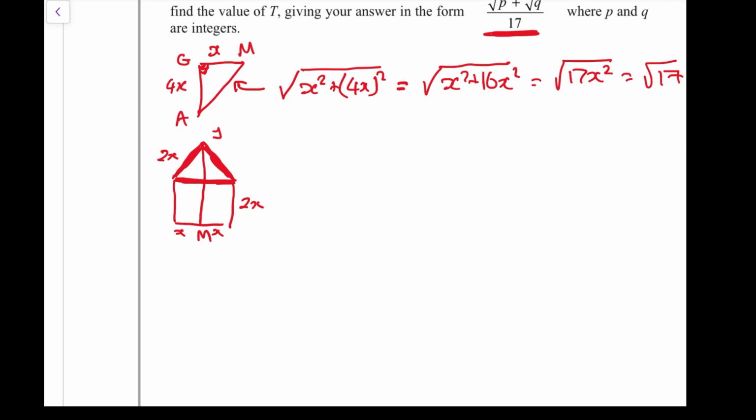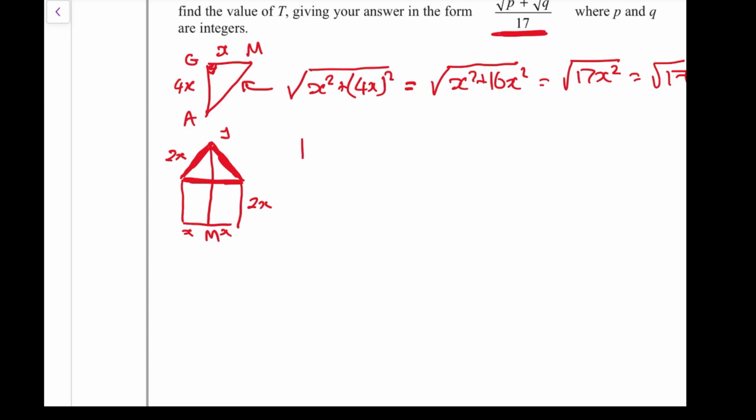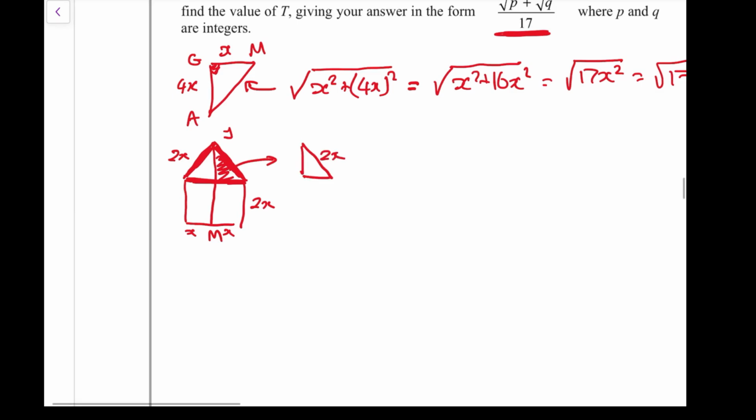Now, if you haven't done this already, the way to work out the height of an equilateral triangle is to divide it into 2. So I'm going to look at just this part of the triangle here, where I can break it out. Remember, I want the height. The height is what I'm looking for. So I know the side length of the triangle is 2x. I know the bottom length is x because I've halved it, and the height is what I want.